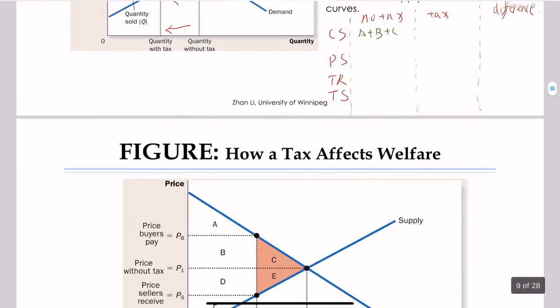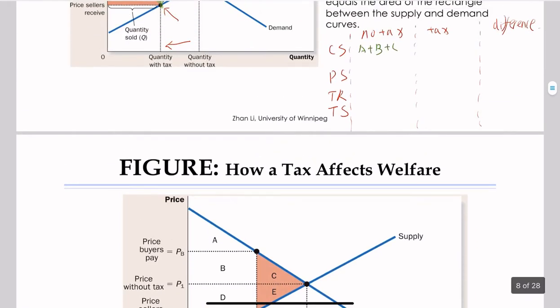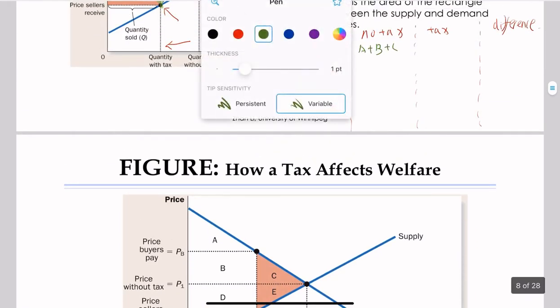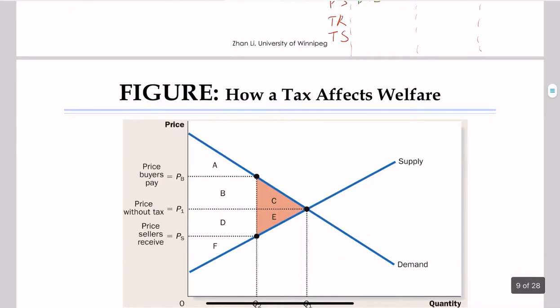Now, if there's no tax, producer surplus is given by D plus E plus F. Again, producer surplus is given by the area between the price and the supply curve, right? Price is P1, so the area between P1 and the supply curve is DEF.